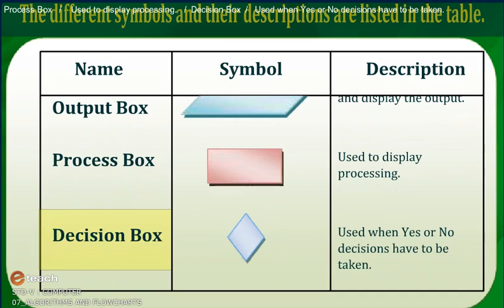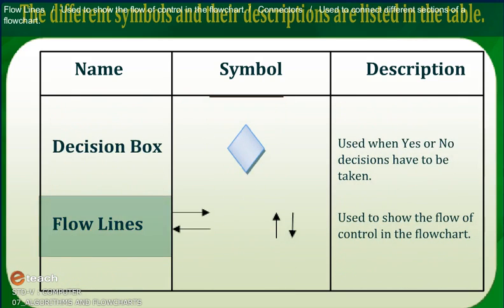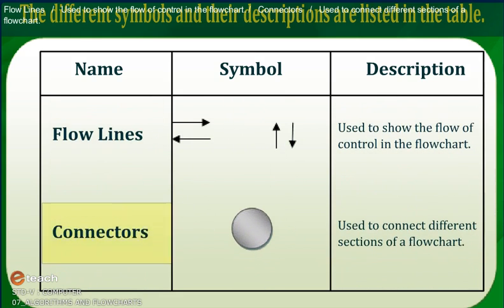Decision box. The symbol is used when yes or no decisions have to be taken. Flow lines. The symbol is used to show the flow of control in the flowchart. Connectors. The symbol is used to connect different sections of a flowchart.